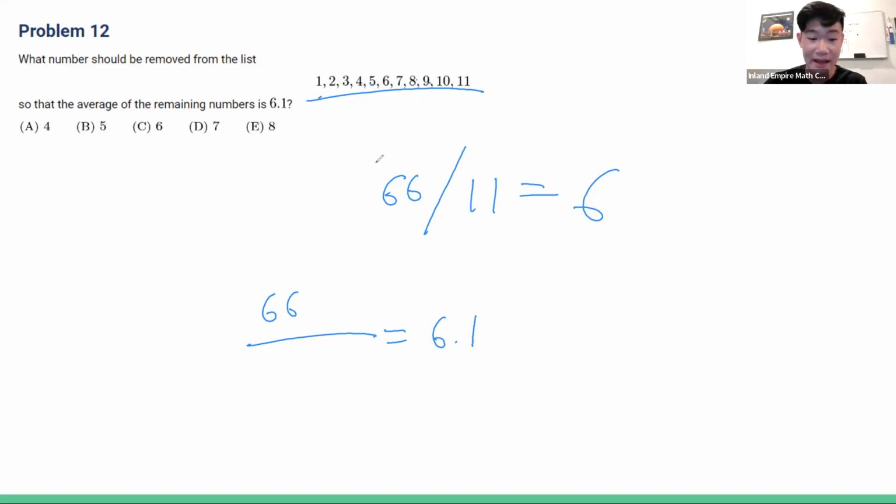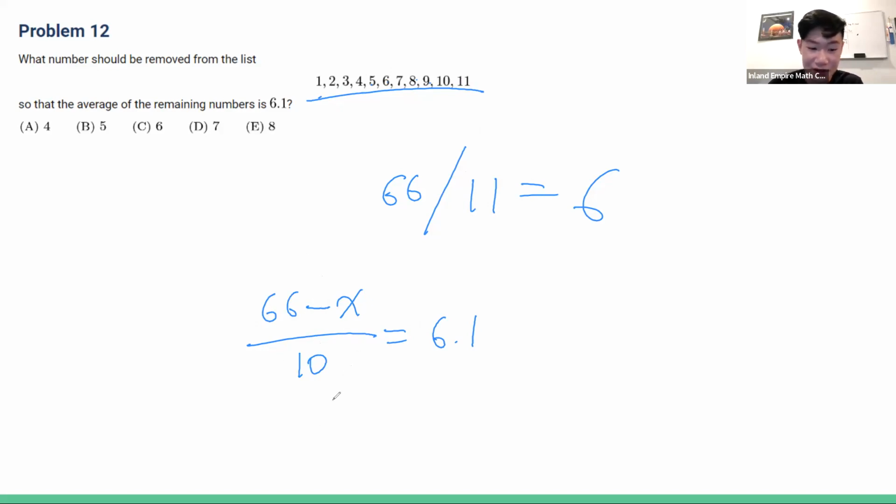I know that the current sum is 66. And I want to subtract a number from here. So I'm going to let that be x because we don't know the number. And then I'm going to divide that by the amount of numbers, which is 10. And the reason why it's 10 is because if I took away one of the numbers, then we would only have 10 left, right? We only have 11 currently. And if I took away 1, we would have 10.